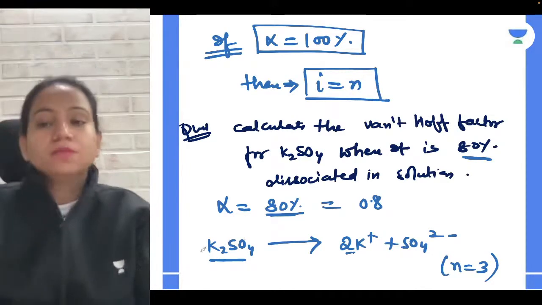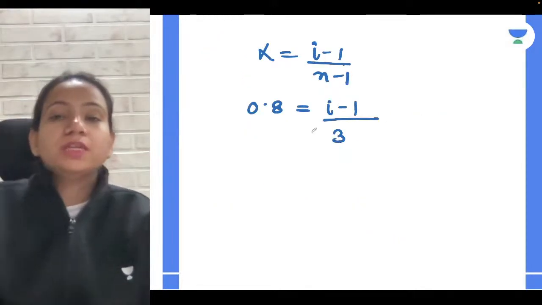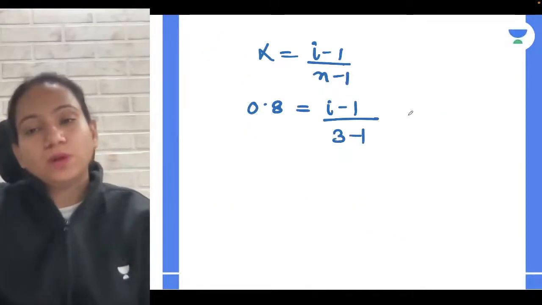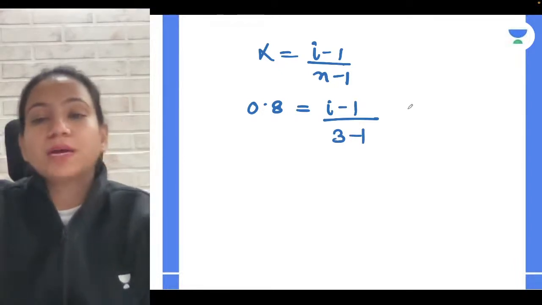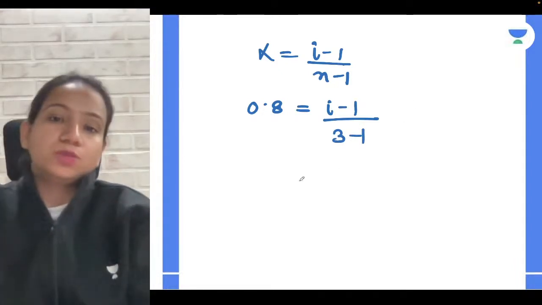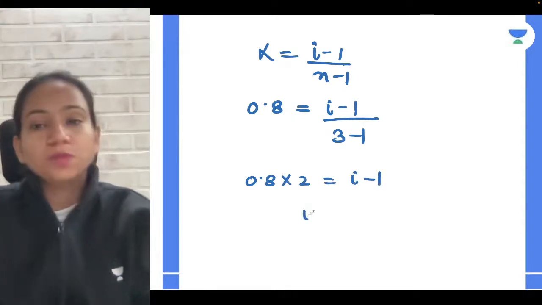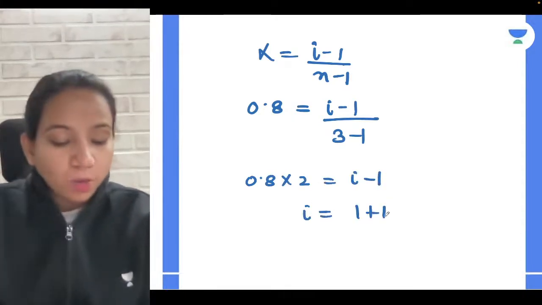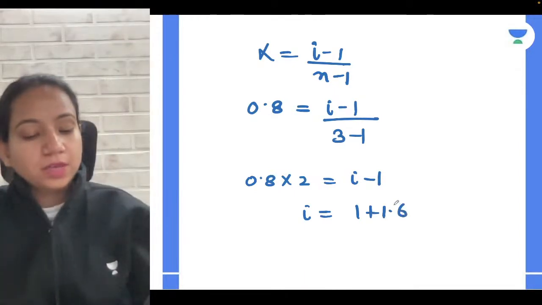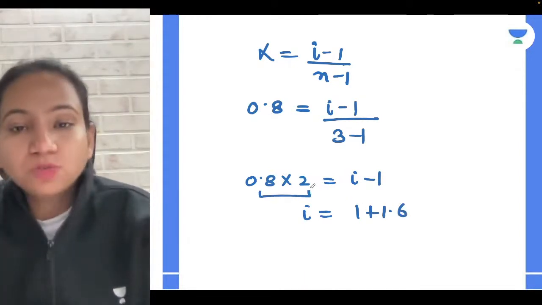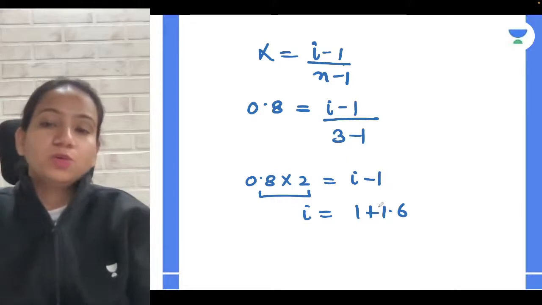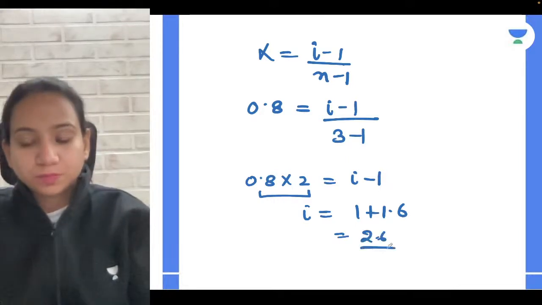So 3 minus 1 gives 2. So 0.8 into 2 is equal to i minus 1. So i will be 1 plus 1.6, correct? Because 0.8 into 2 is 1.6. So you will get 2.6.